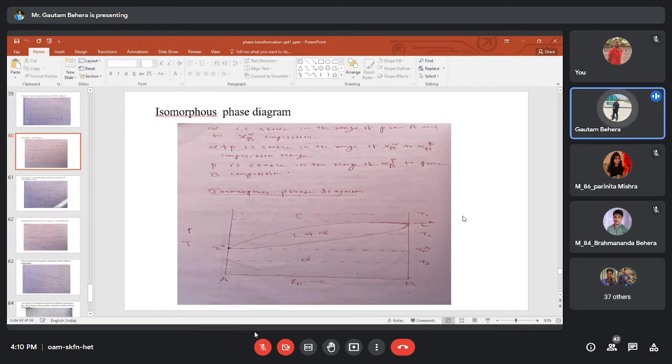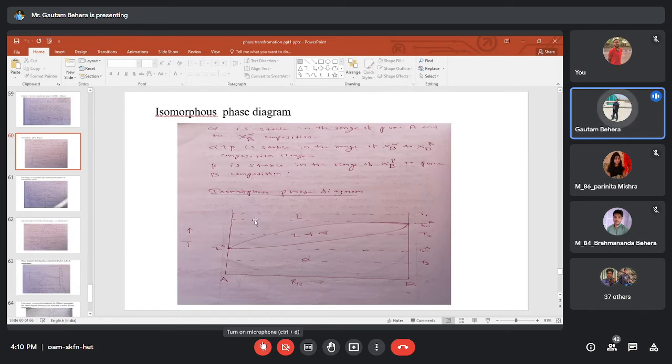Like at T1, liquid is the stable phase, but alpha is the unstable phase. Similarly, at TMB, which one is stable? Liquid. Okay, fine, liquid. But carefully look at this. This line is intersecting at this point at the end.